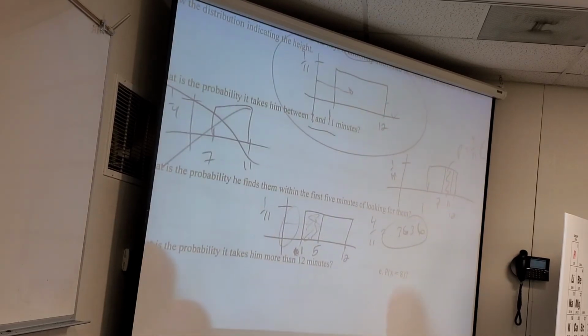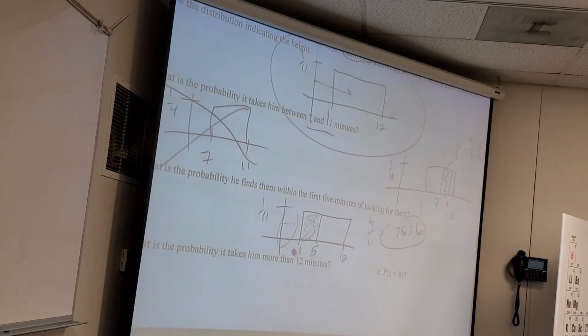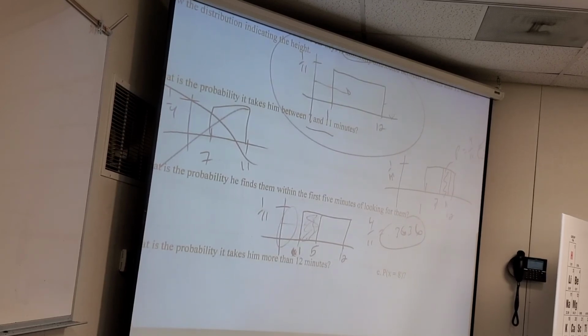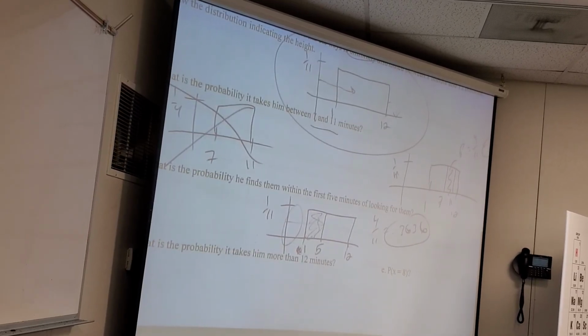Now here's the really neat question. This is the last thing we'll do. What is the probability it takes me exactly 8 minutes? Nope. The answer to these questions is always related to the area. What is the area of a line?